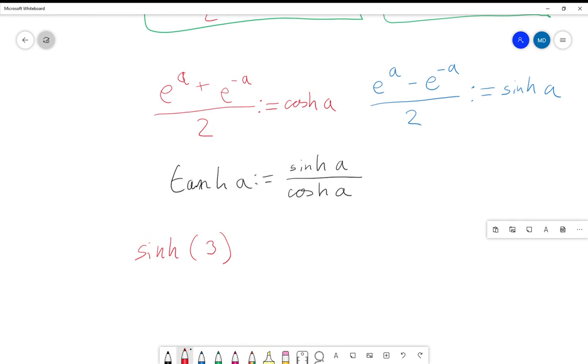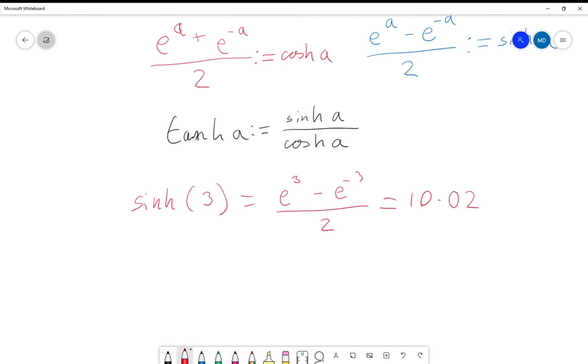And the answer is yes, because that's just going to be equal to e to the 3 minus e to the minus 3 all over 2. You can leave it as an exact value, or you can work it out, and that should give you 10.02 to 2 decimal places. It will carry on infinitely beyond that. Equally we can do a similar thing with all the other functions.